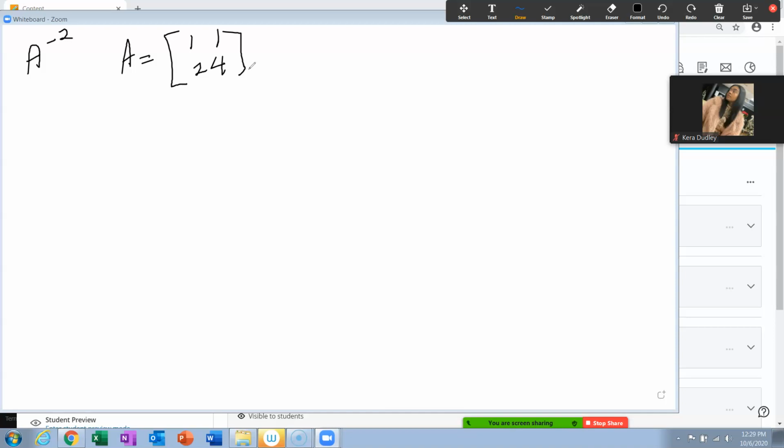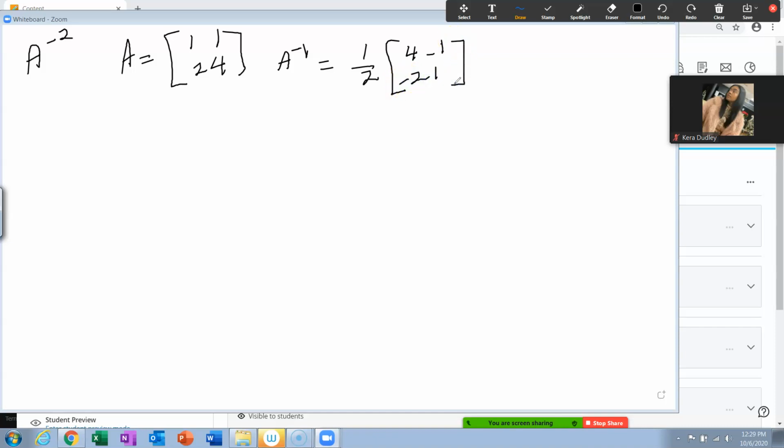The second way is multiply A by itself and then find its inverse. So let's first do the first, A inverse, and because this is a 2 by 2 and it is invertible, let's do the determinant. That would be a 4 minus 2 is 2, so it would be 1/2, and then we reverse the main diagonal for 1 and negate the others, minus 1, minus 2.